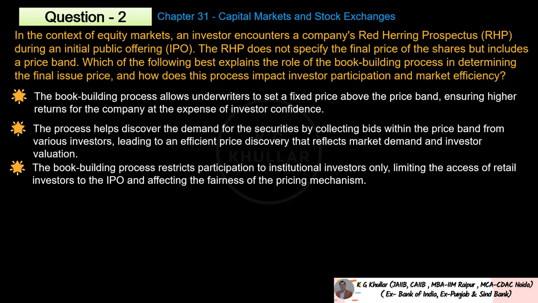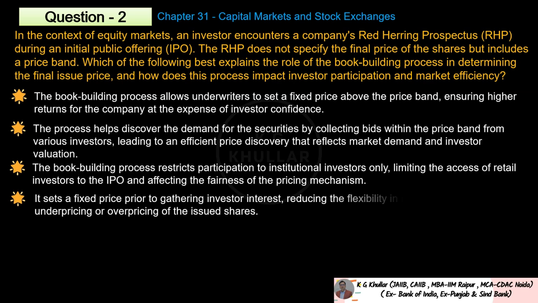Option C is, the book building process restricts participation to institutional investors only, limiting the access of retail investors to the IPO and affecting the fairness of the price mechanism. And the last option D is, it sets a fixed price prior to gathering investor interest, reducing the flexibility in pricing and often leading to underpricing or overpricing of the issued shares.